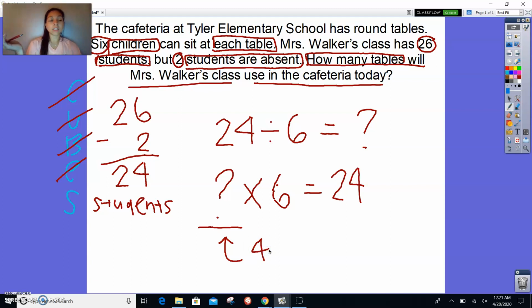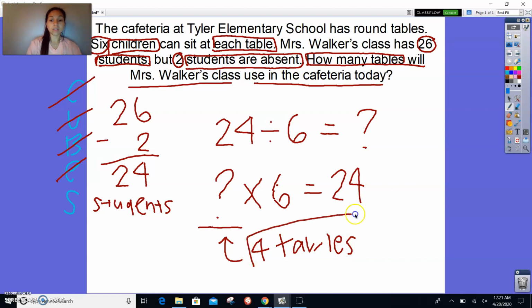And if I don't remember that, then I can skip count by 6s because I learned my song. So it'd be 6, 12, 18, 24. So that is 1, 2, 3, 4 groups, which is 4 tables.